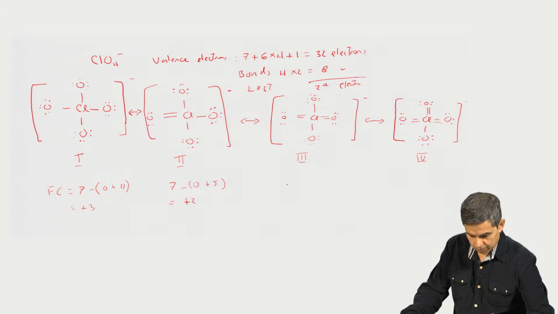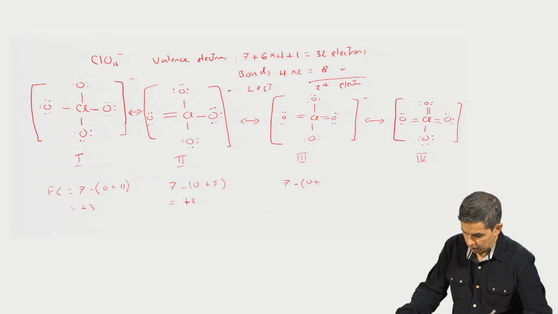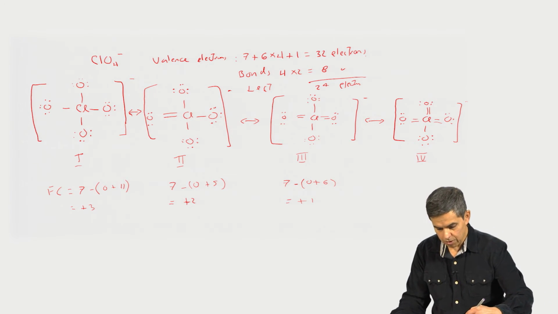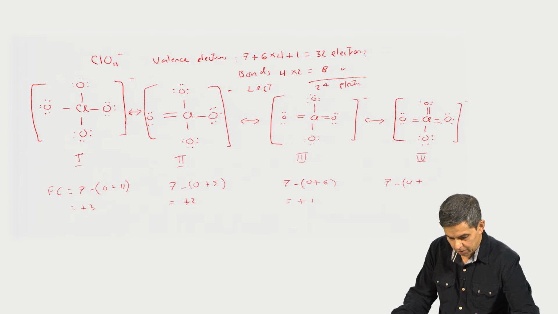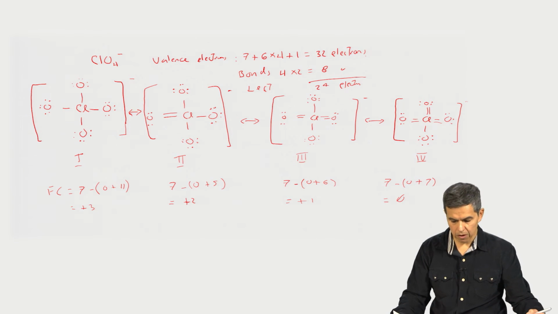The next one is again 7 valence electrons of chlorine, no lone pair of electrons, minus 6, which is equal to plus 1. And for the last one, we have 7, no lone pair of electrons, minus 1/2 of 14, which is 7, which is equal to a formal charge of 0.